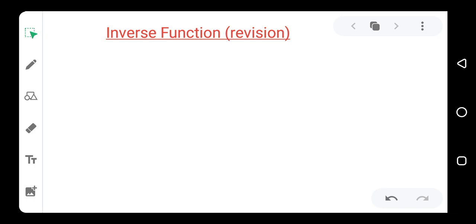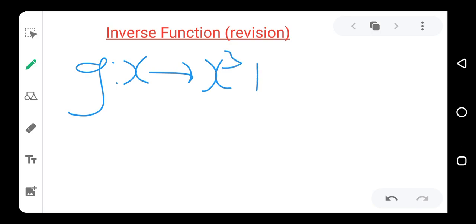So let's look at this example. If we have an expression like x maps to x, or g is a function, g a function of x where x maps to x raised to the power 3 plus 3.